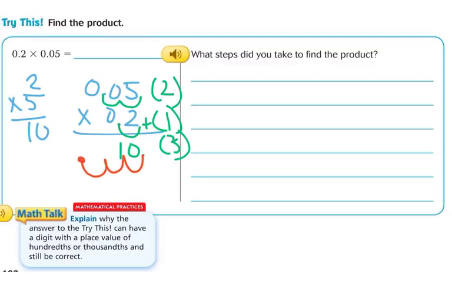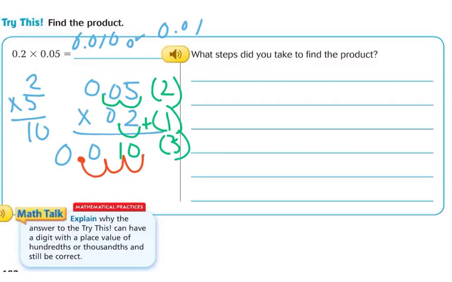Boys and girls, we need to add our 0 because we had 3 decimal places. Now, boys and girls, when we look at this, we could say our answer is either 10 thousandths, or we can say our answer is 100th.